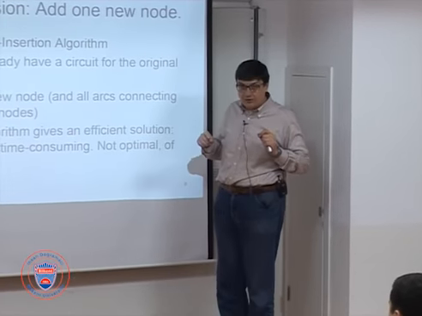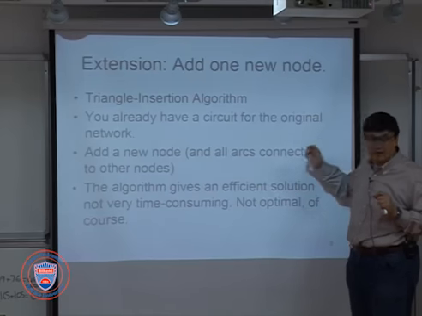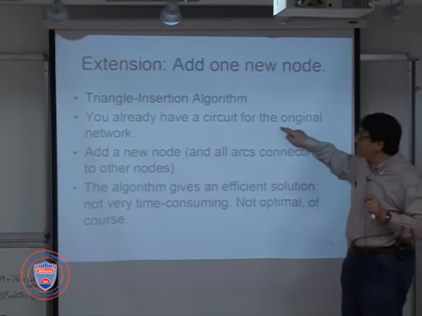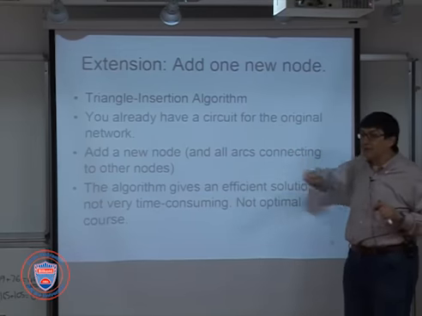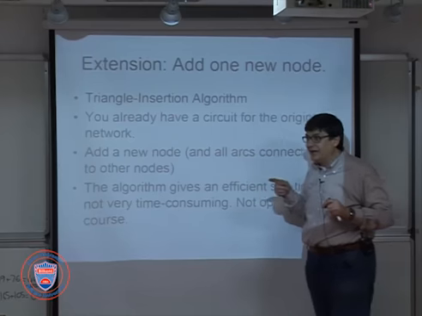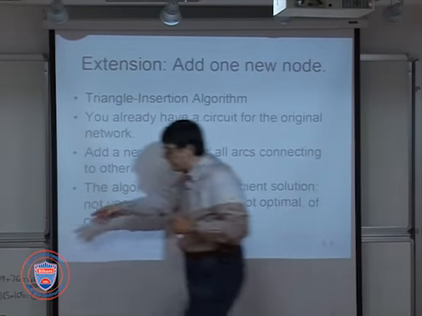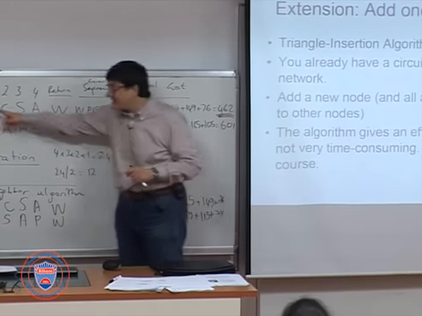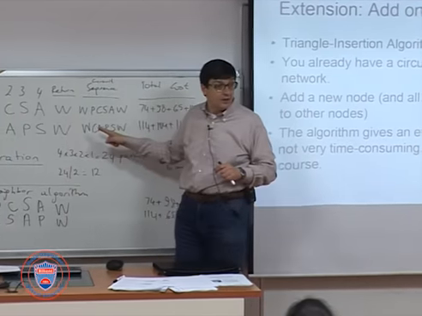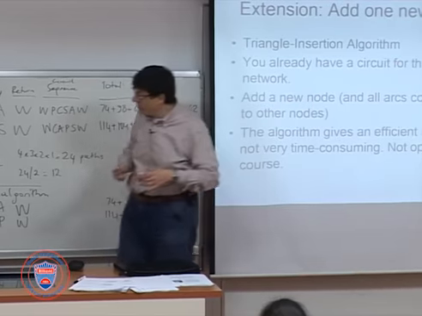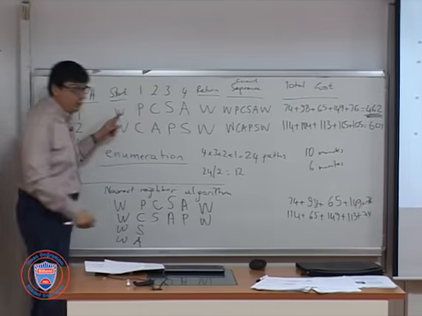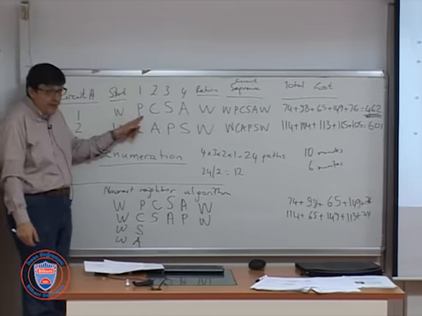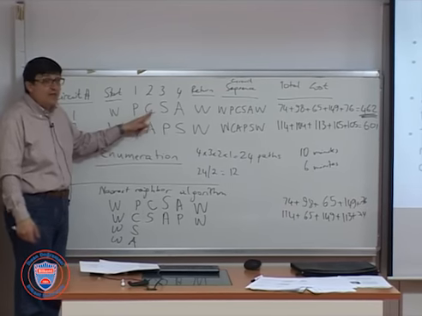First of all, the triangle insertion algorithm starts with an already available solution. Whereas in the previous ones, if you recall, we were actually constructing a solution. Am I right? We were saying that we start at W, we're going to go to P, then we're going to go to C, and so on and so forth.